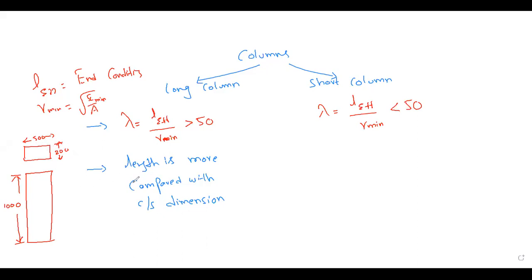So these columns are called long columns. A best example is a steel rod. Can you tell me how the steel rod looks? It is a circular rod which will have more length compared with its diameter.